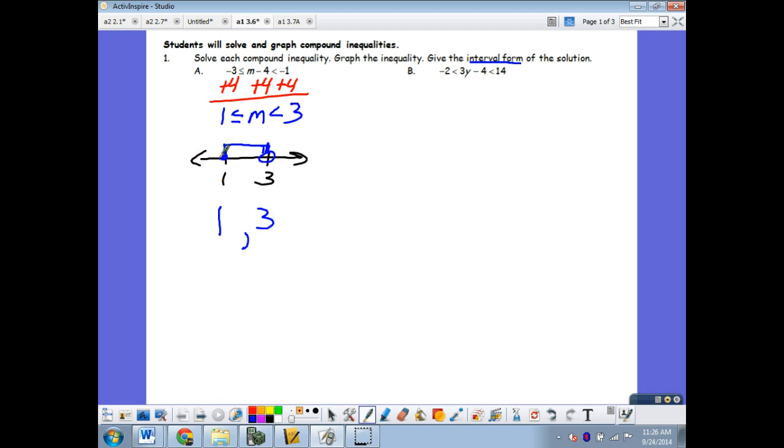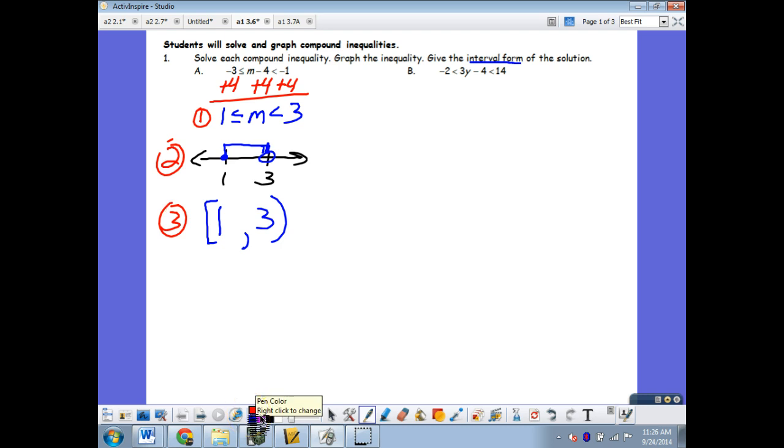Now 1 is included because it is a closed circle, so we're going to put a bracket at 1. 3 is not included, so we're going to have a parenthesis around the 3. So that is the interval form of that solution. So once again, there are 3 forms for this solution: the inequality, the graph, and the interval form.